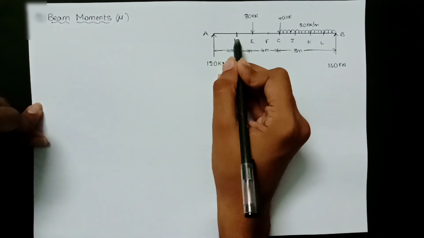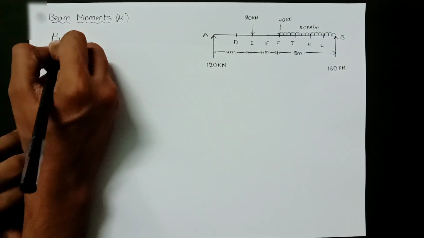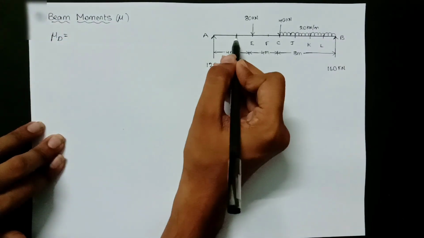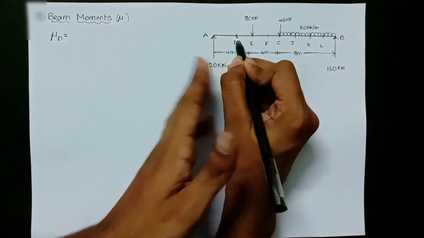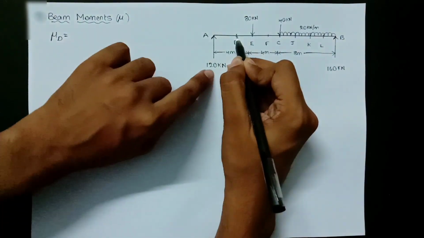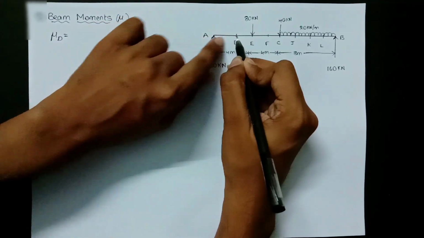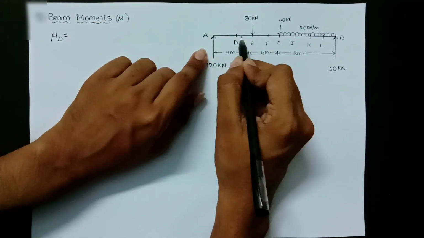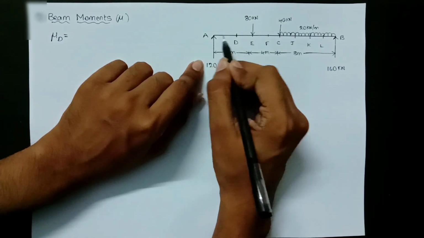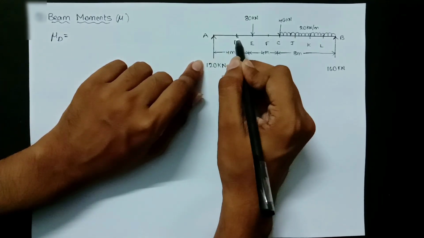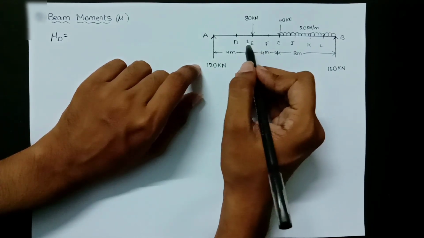First of all, I am starting from point D. Mu D equal to, so I am taking the moment about point D, coming from the left side. On the left side there is a 120 kilonewton reaction upward and the perpendicular distance is 2 meters. Every point is equidistant from each other.